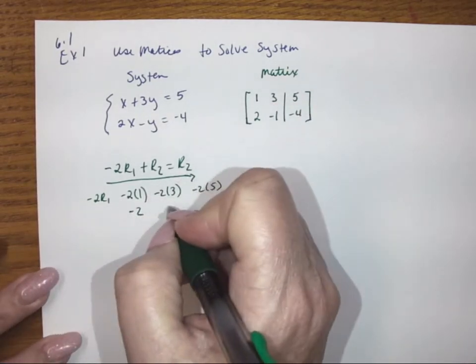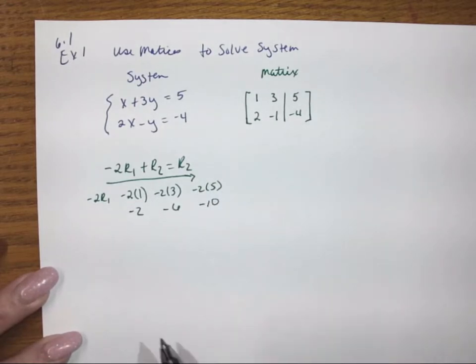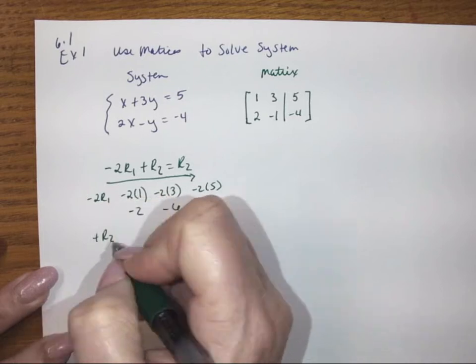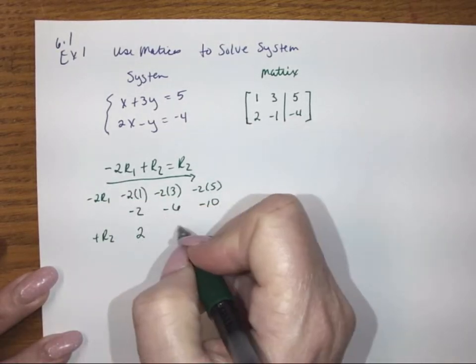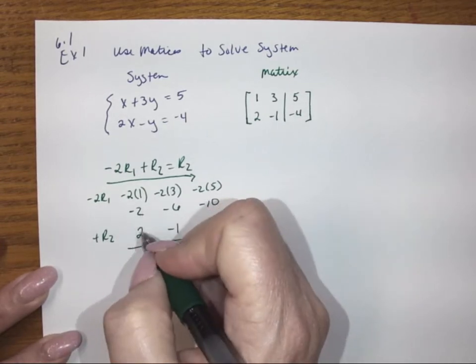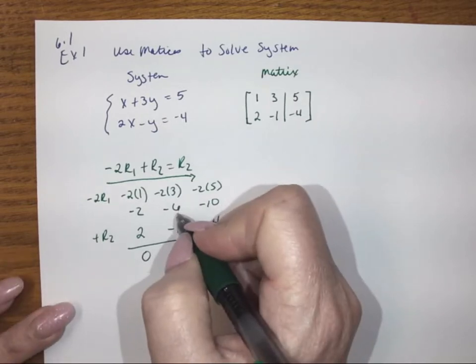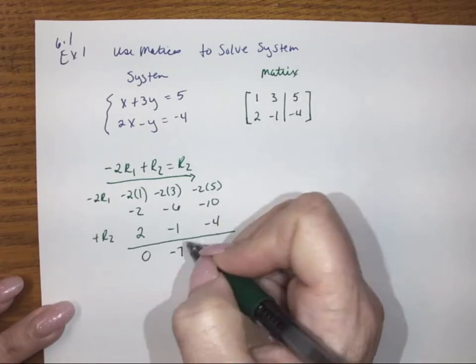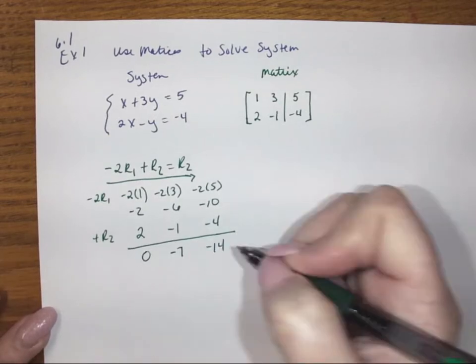So this will get us negative 2, negative 6, and negative 10. And now we're going to add row 2, which is 2, negative 1, negative 4. Negative 2 plus 2 will get us 0. That's the number we wanted. Negative 6 minus 1 is negative 7. And negative 10 minus 4 is negative 14.